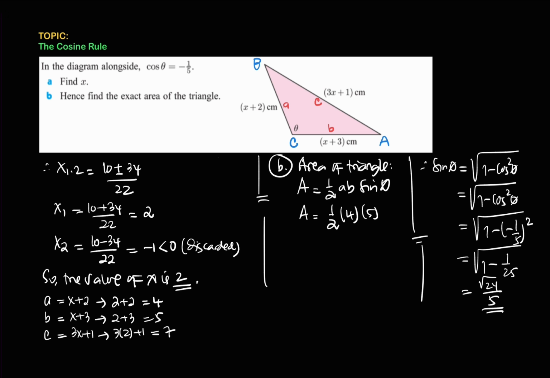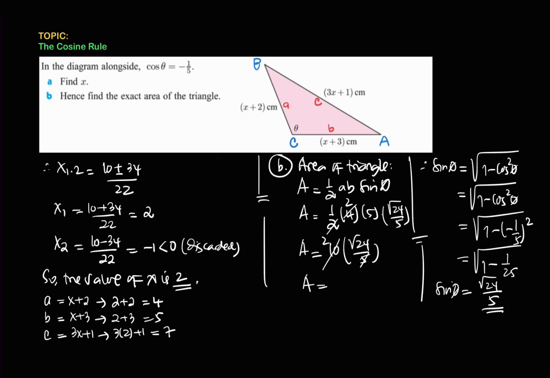Now we have the sine, square root of 24 over 5. This cancels, so the area is 10 times the square root of 24 over 5.